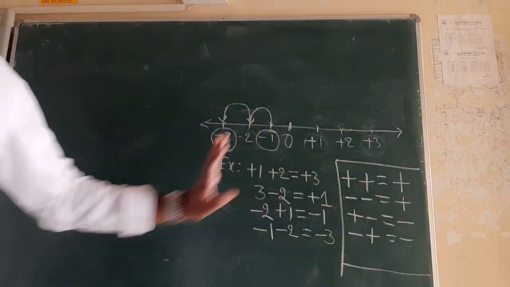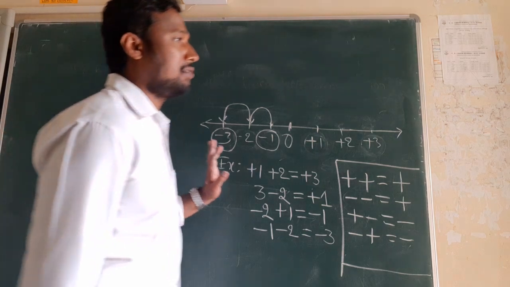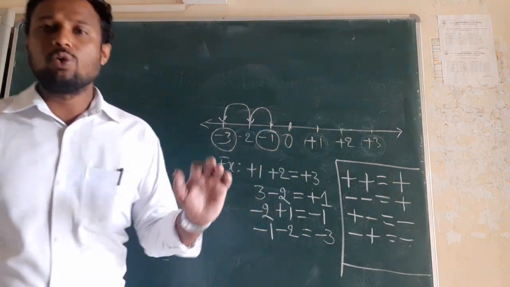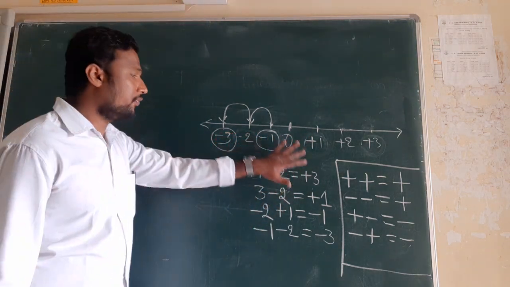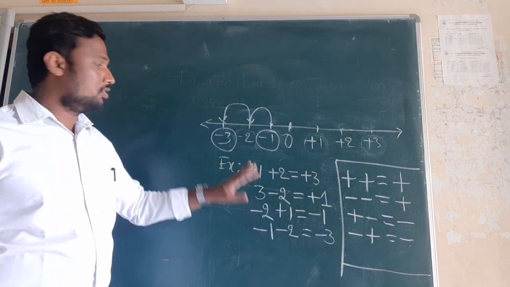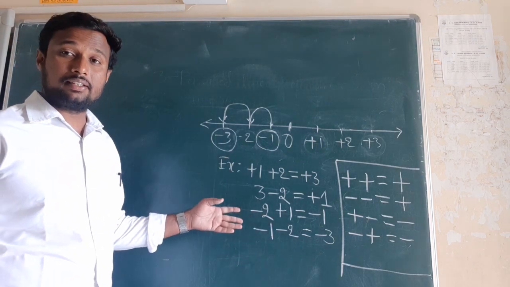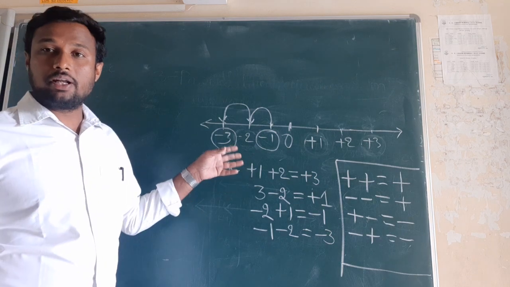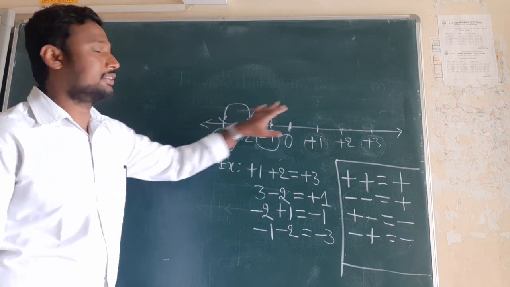Practice these things and write these examples, and do one thing. Consider different integers, as I did here, where I performed addition and subtraction on this number line.